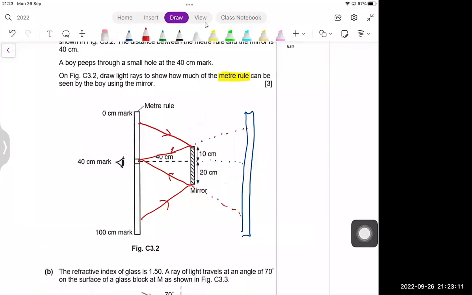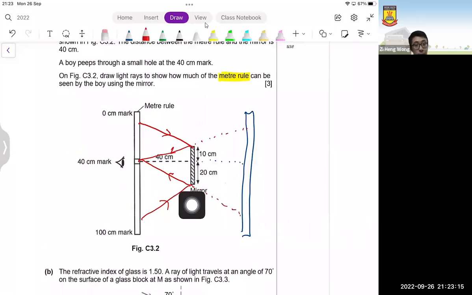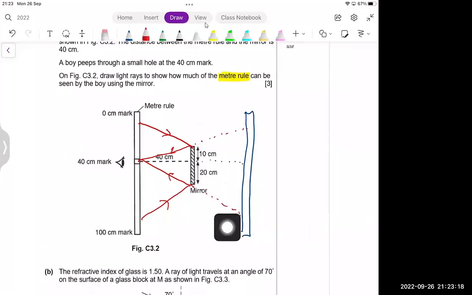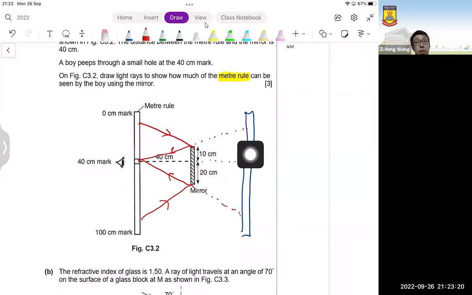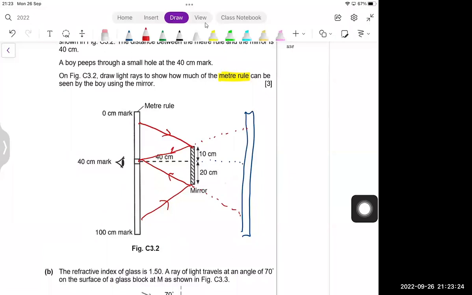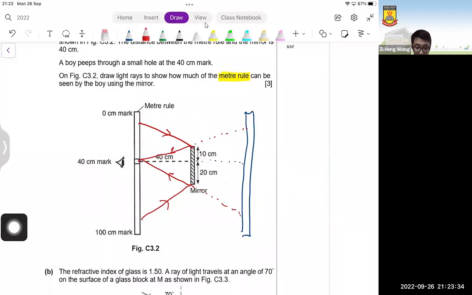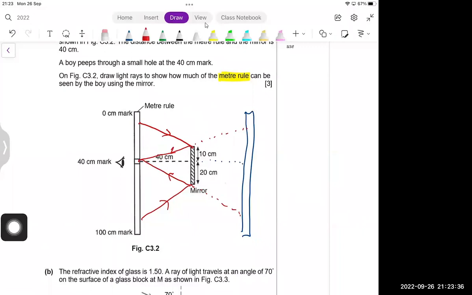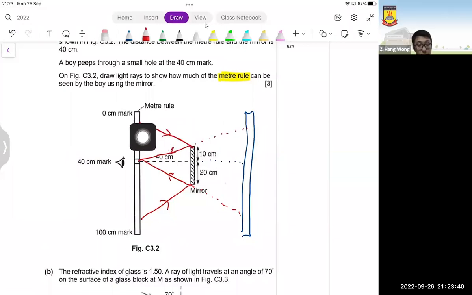So what does the dotted line symbolize? The dotted line means virtual. It's not real. It's behind the mirror. In real life, there's nothing behind the mirror. The truth is the light goes from the object to the mirror, and the mirror reflects to the eyes.